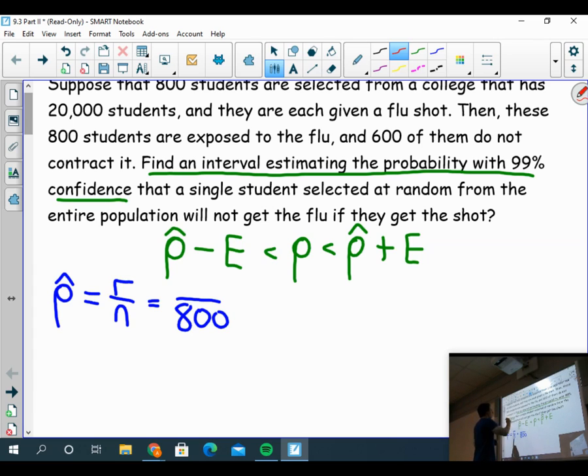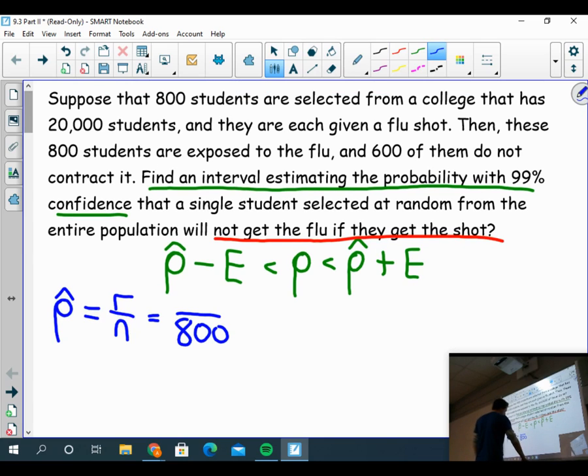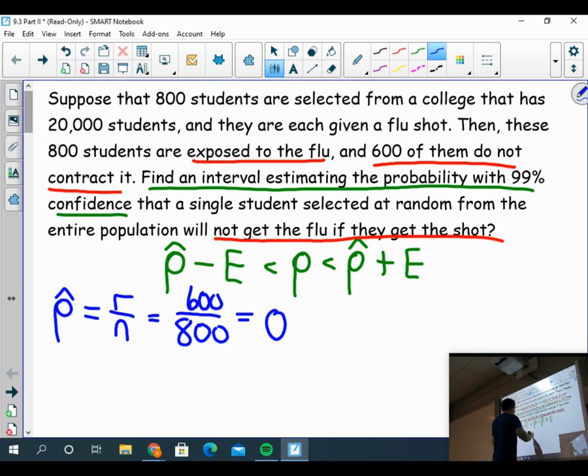Well, they tell us we're supposed to find an interval estimating the probability with 99% confidence that a single student selected at random will not get the flu if they get the shot. That is the success. So what is our number of successes? Well, if we look back up here, 600 students do not contract the flu after being exposed to it. Therefore, my sample probability of success is 600 over 800, which is 0.75.